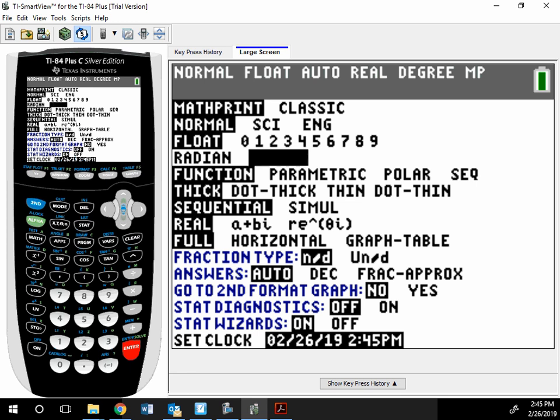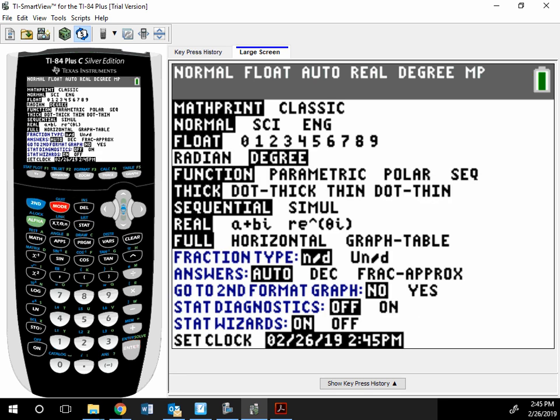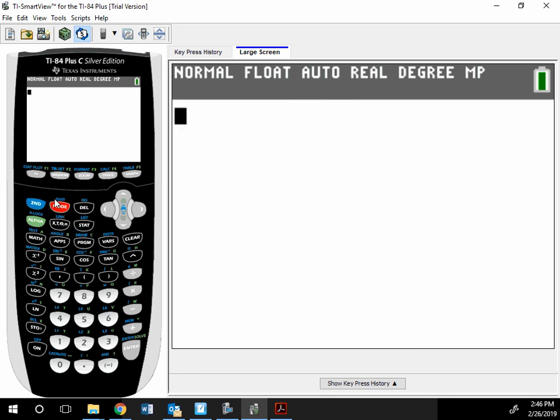There should be a key somewhere on your calculator that allows you to change that. Okay, is everyone in degree mode? So we hit mode, go down and change it to degree. Once you change it to degree, arrow down and then arrow to the right, go ahead and hit second mode to quit back to your home screen. So we're now in degree mode. If you do radians, you're going to get the wrong answer every single time.